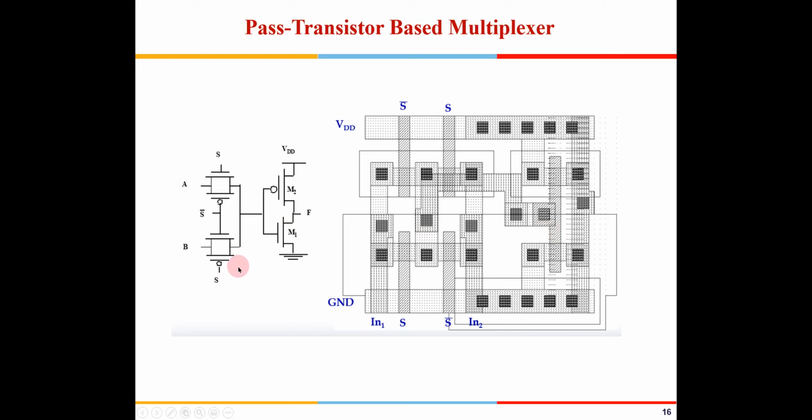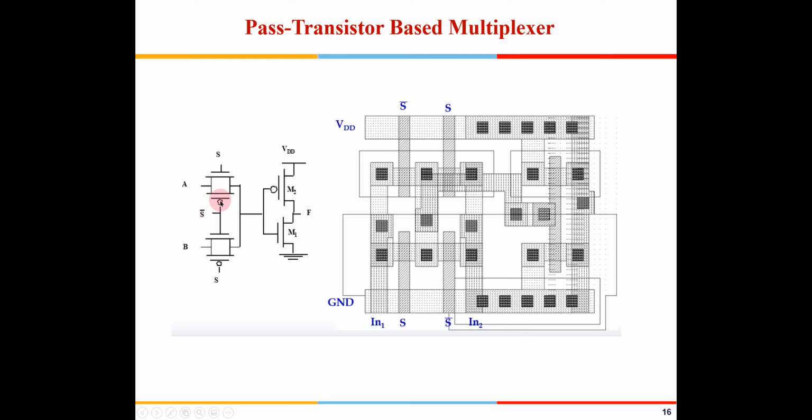So this is a multiplexer. These days most of the multiplexers are made using pass transistors. This is the select line. Whenever the select line is high, A will be selected here, and if the select line is low, B will be selected.